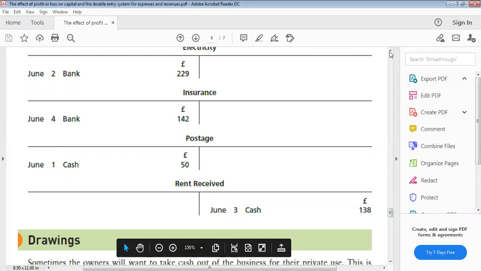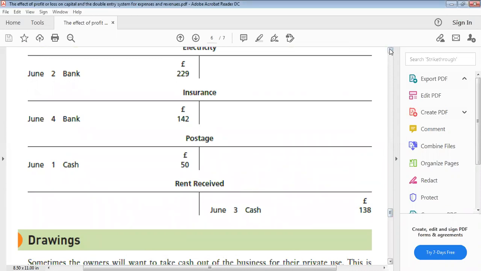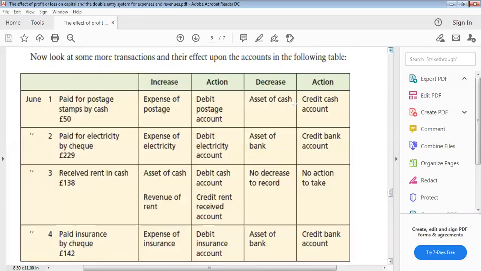Give me a minute. I'm going to do each of them by themselves, right? Now the first thing is first. I'll do this in Excel. So we're going to do the double entry with the T accounts now, all right?